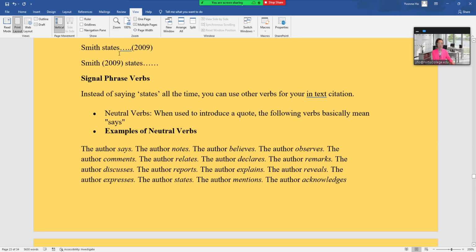And instead of saying states all the time, you can look up signal phrase verbs. Signal phrase verbs means different ways of saying states. So you can say, Dr. Smith says, Dr. Smith notes, Dr. Smith believes, observes, comments, relates, declares, remarks, discusses, reports, explains, reveals, expresses, states, mentions, acknowledges.